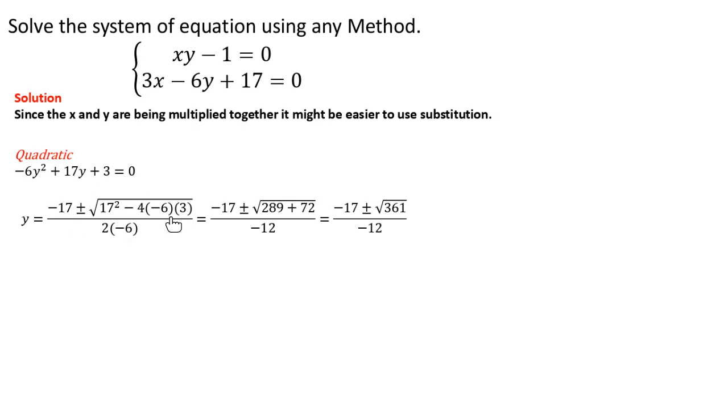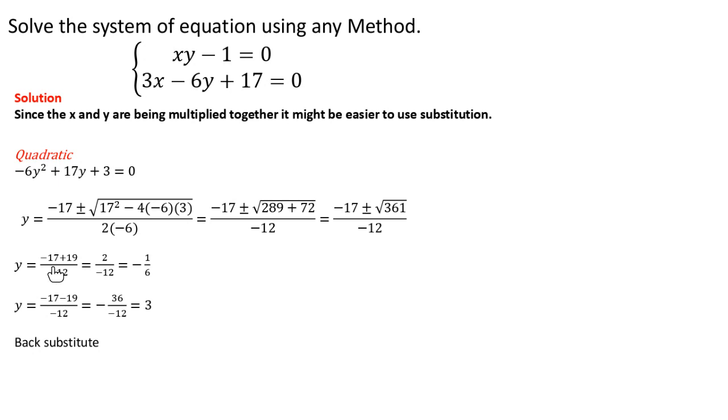If we simplify, 17 squared is 289, and negative 4 times negative 6 times 3 is a positive 72. If I add 289 plus 72, I get 361. So we can break this up into two solutions, one for the positive sign and one for the negative sign.